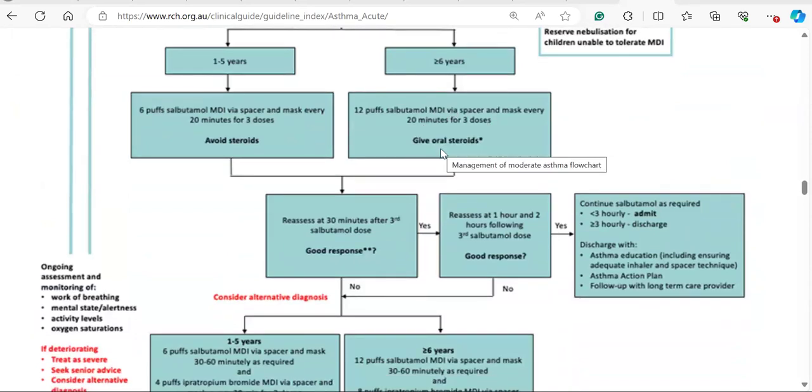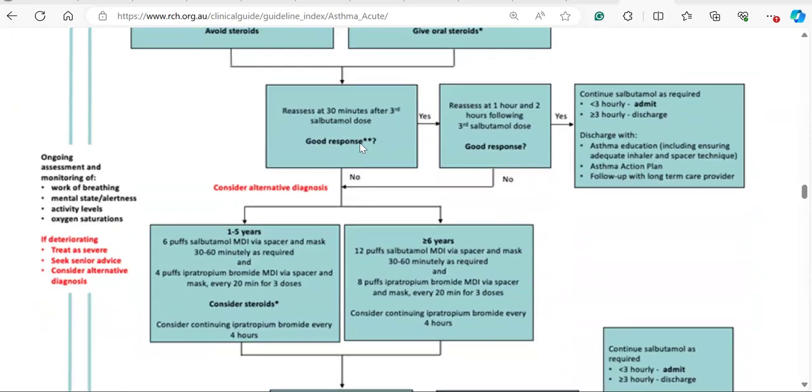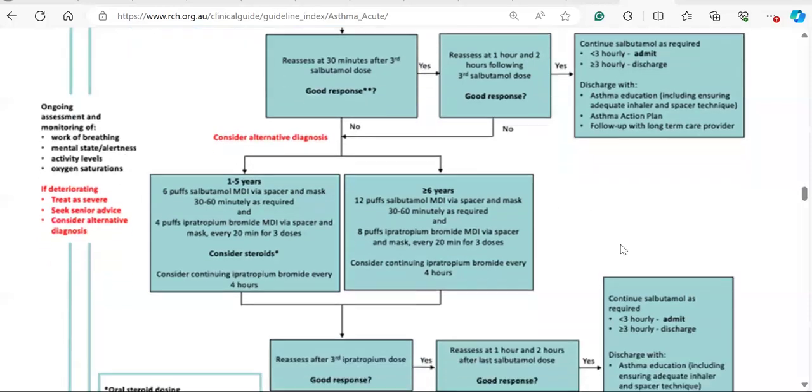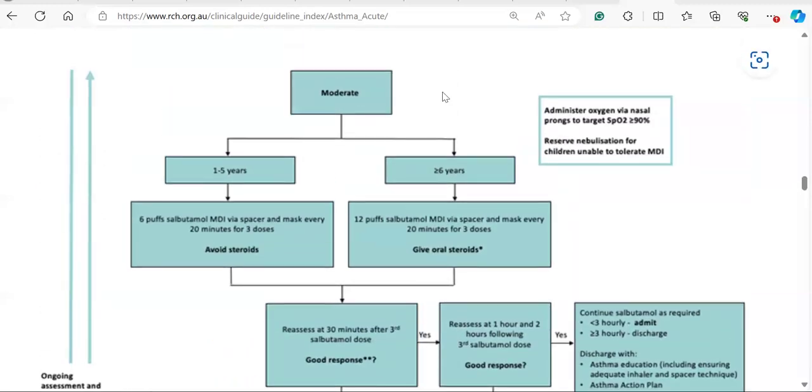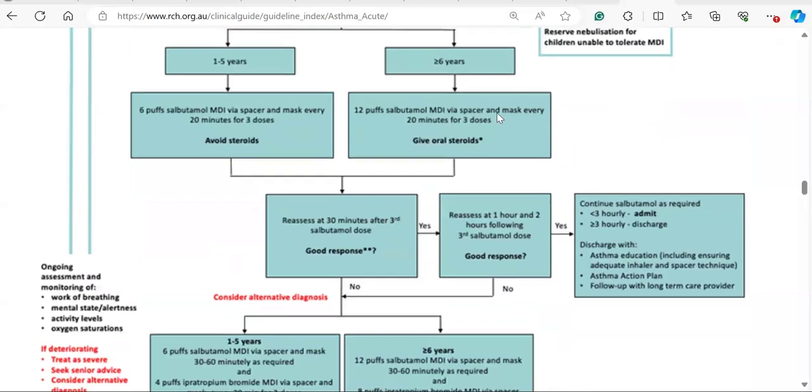If after salbutamol there is not a good response, especially after the third dose of salbutamol, then we normally go for 12 puffs of salbutamol and give oral steroid.